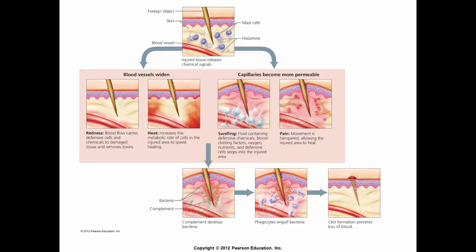Capillaries become more permeable. Fluid containing defensive chemicals, blood clotting factors, oxygen, nutrients, and defensive cells seep into this injured area. Pain: movement is hampered, but this allows, as previously said, time to rest and heal.